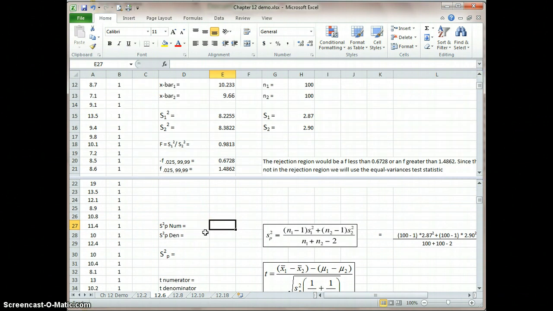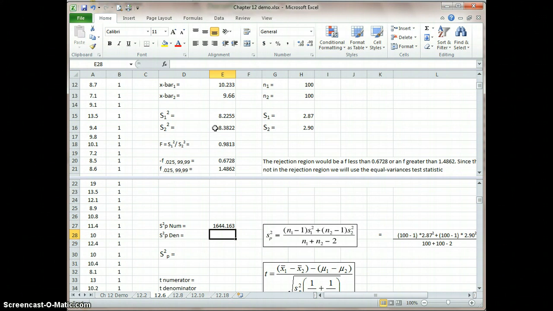In this case, back in cell E27, it's going to be equal to n1 minus 1 times s sub 1 squared plus n2 minus 1 times s sub 2 squared, and that will give us 1644.163.